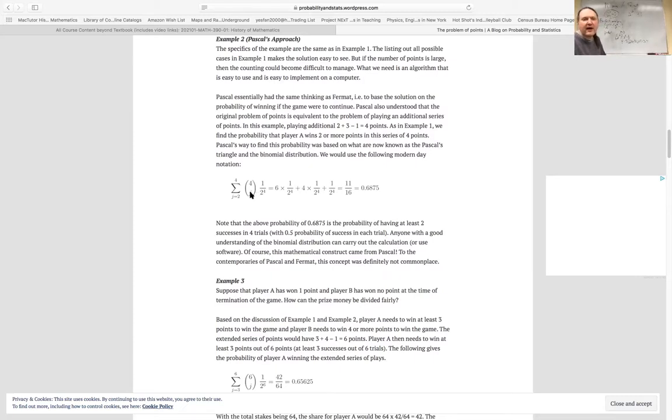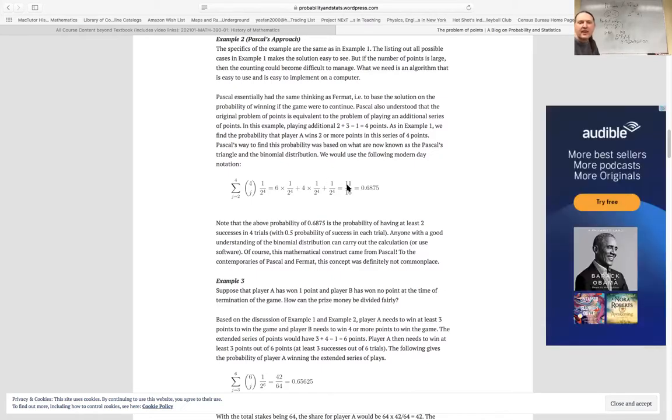So Pascal says, we really just need to find, out of 4 remaining trials, the number of ways that 2 or more are A winning. So he finds that and adds the 4 choose 2, 4 choose 3, and 4 choose 4, which is just 1. And he gets 11/16. And he said, we could do this and it would be shorter, especially if we have the arithmetic triangle hanging around.